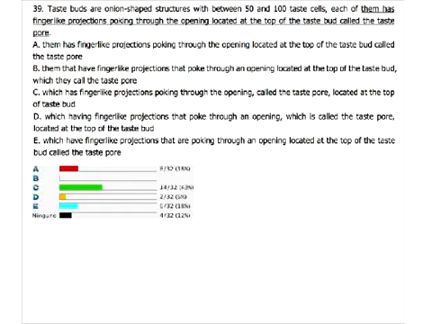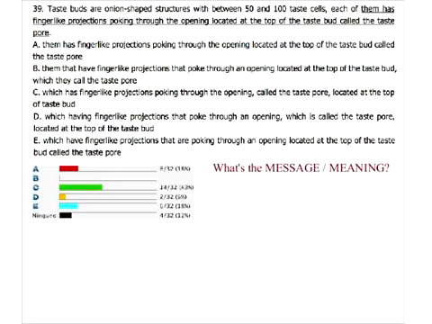Taste buds. What's the meaning of the sentence? Remember, we want to get that first. So taste buds are made of these taste cells, and each taste cell has a bunch of finger-like projections. So what's the meaning? Well, what's the message?